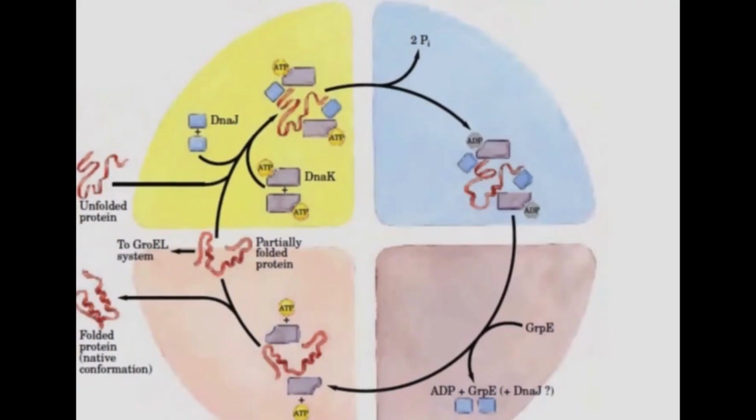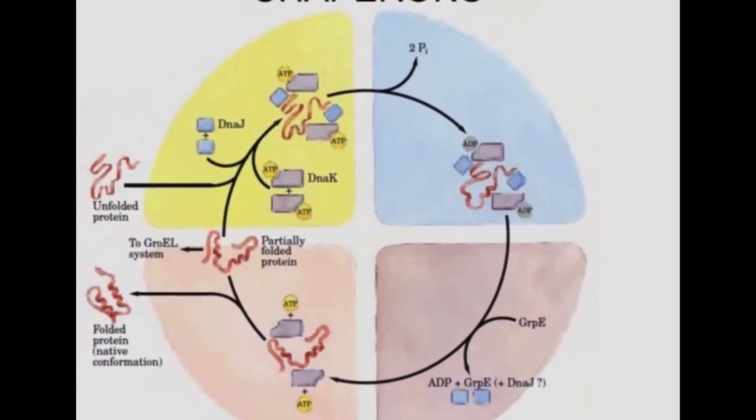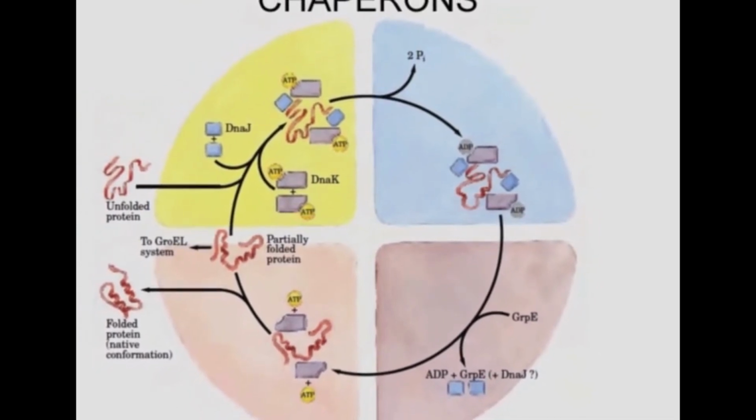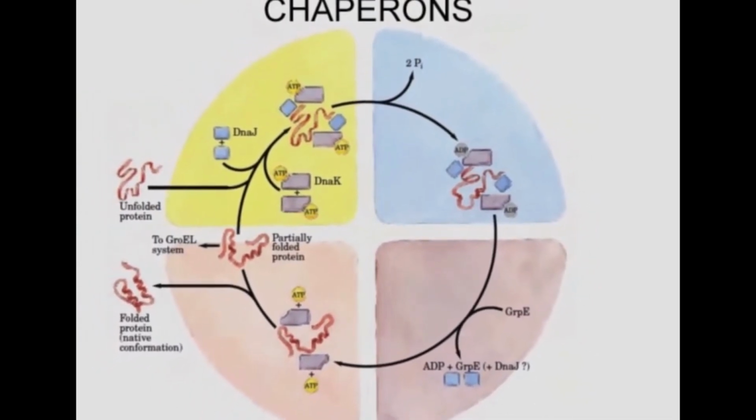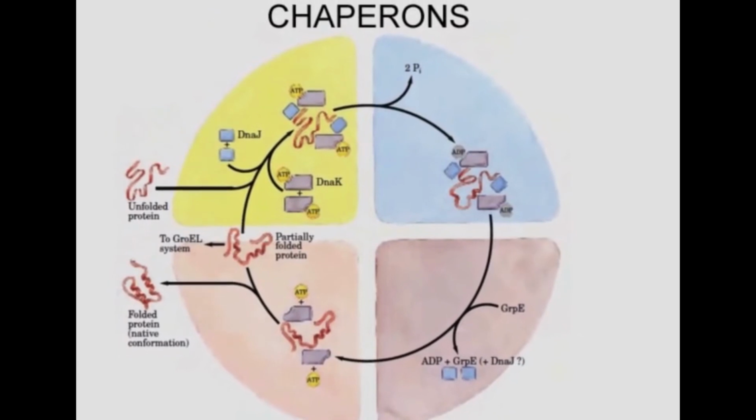They also bind to protein subunits to prevent them from aggregating and precipitating out of the solution. Now, this is a picture of DNA chaperones which bind to an unfolded protein and prevent it from improper folding.